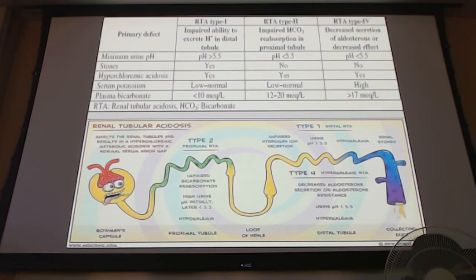In Fanconi syndrome, what's being lost? Like everything, right? They can't reabsorb bicarb. So their urine's going to have protein and bicarb and amino acids and lipids. They're spilling everything. Right?